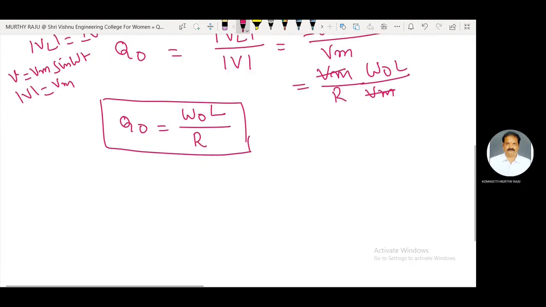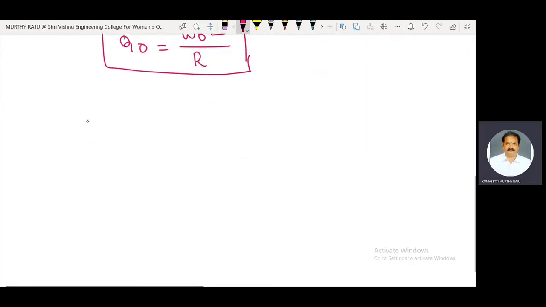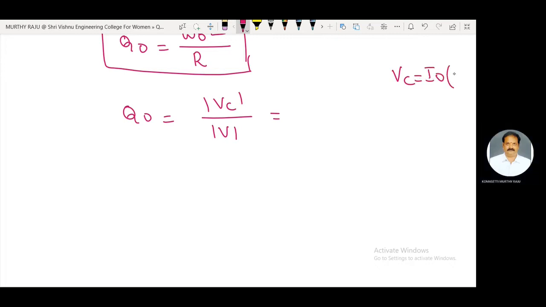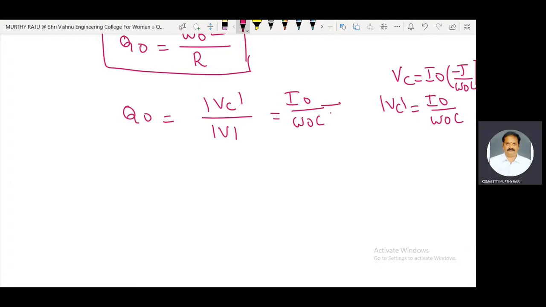Next, the quality factor of the capacitor. Q naught is equal to mod Vc by mod V. Generally Vc at resonance is equal to I naught into minus j by omega naught C. Mod Vc is equal to, the j term is cancelled, I naught by omega naught C. Mod V is equal to Vm, and I naught is equal to Vm by R. So it is Vm by R into omega naught C, divided by Vm.